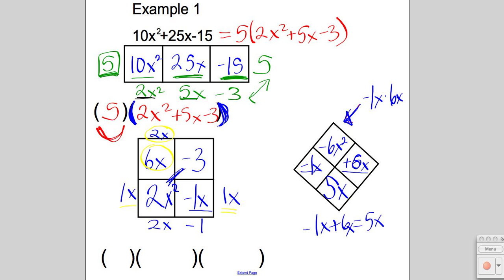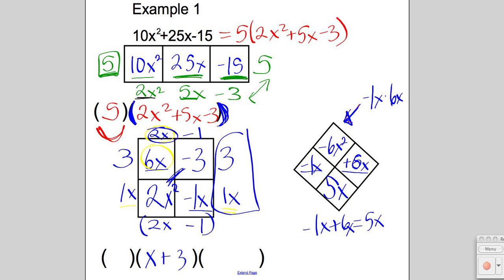And up here on the last side that I'm missing, this is going to be 3, because 3 times 2x gives me 6x. I check my final corner, and negative 1 times 3 is negative 3. So I am finished, and my factored parts are 2x minus 1 and x plus 3. Those are my pairs of parentheses.